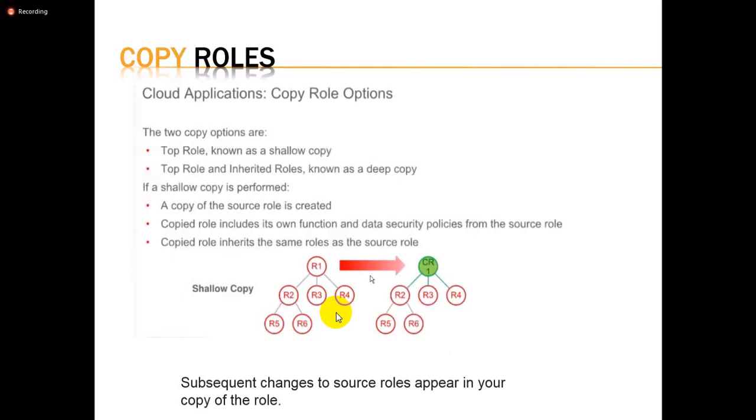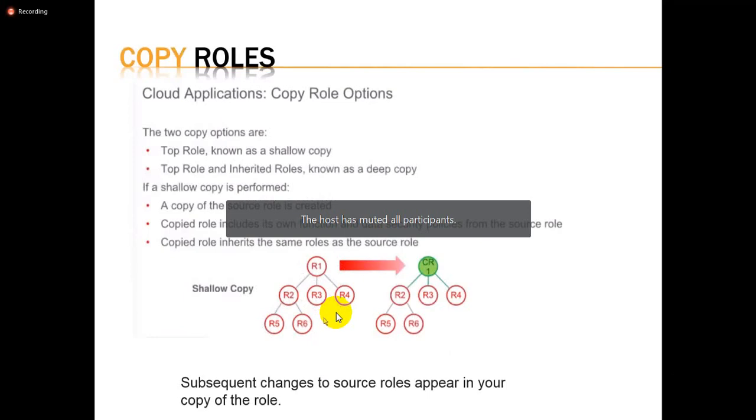What is shallow copy and what is deep copy? For example, this is the role hierarchy. R1 is inheriting R2, R3, R4, and R2 is inheriting R5 and R6.